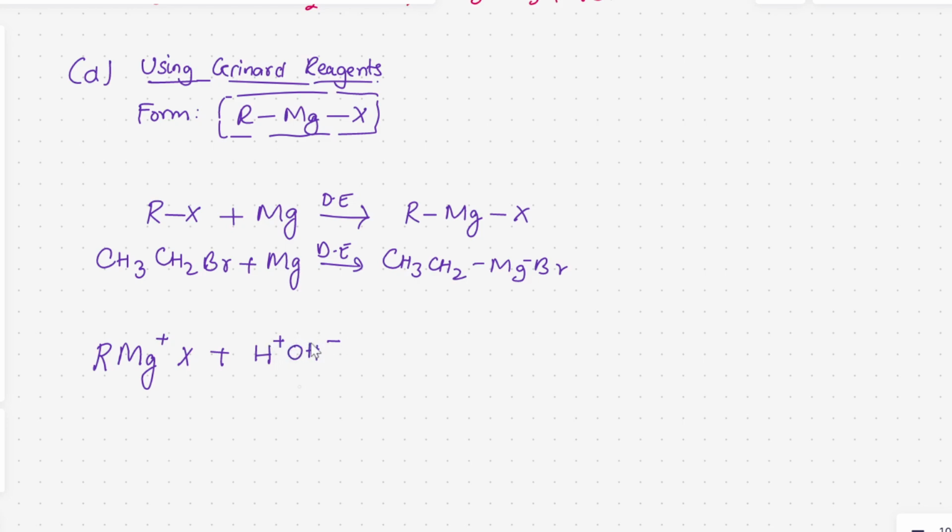There's an H plus and OH minus. These are delta positive, delta negative charges. And what happens as a result of this is this R and this H positive end up forming RH, and we are left with this byproduct.